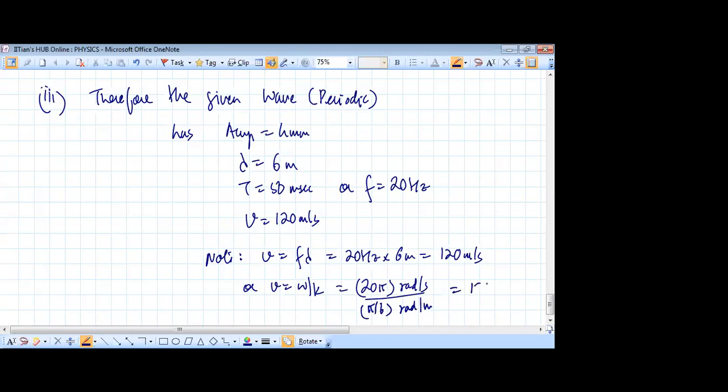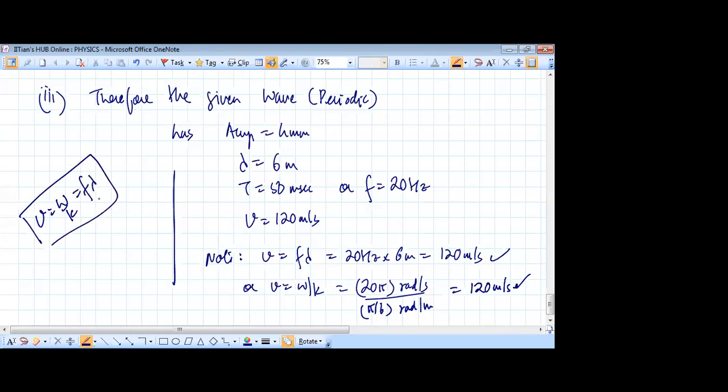So from that also you can see you are getting 120 meters per second, whereas we had interpreted it from the graph also. So we have this relation v is equal to omega by k, which is equal to f lambda. Now we'll understand very soon why omega by k is equal to f lambda, because there's a certain relationship between these terms. So just make a note of this point here first.